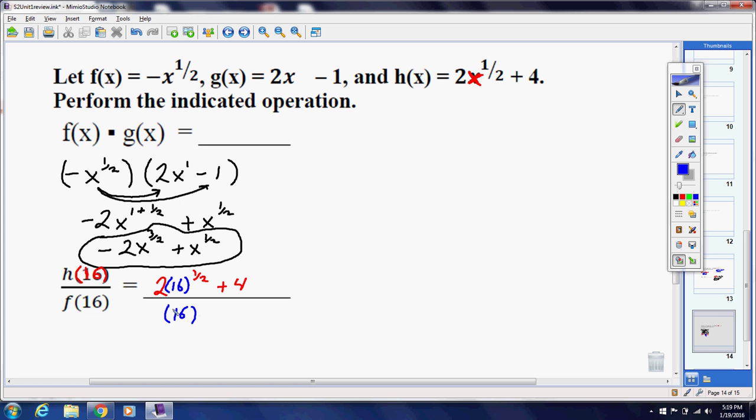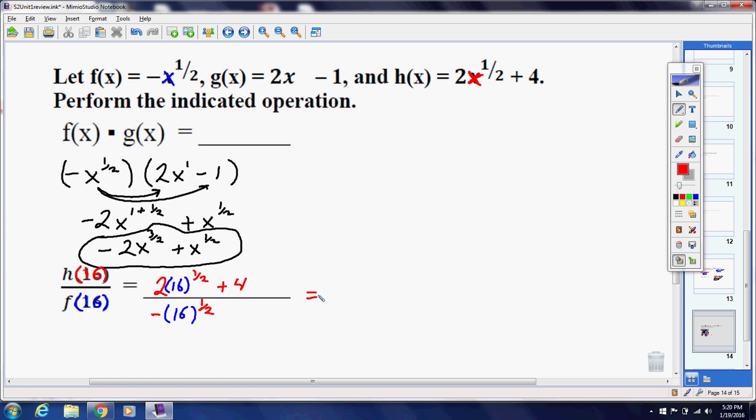I'm just going to replace the x on the f function with the 16 in parentheses. So here I've got negative x, but I'm going to put 16 to the 1/2.